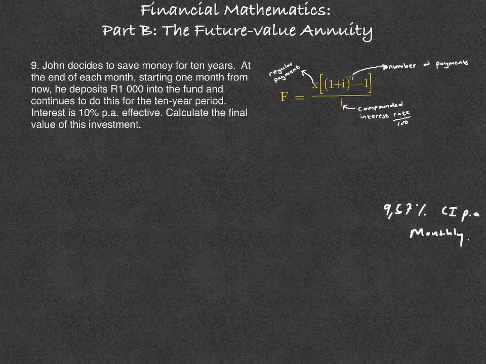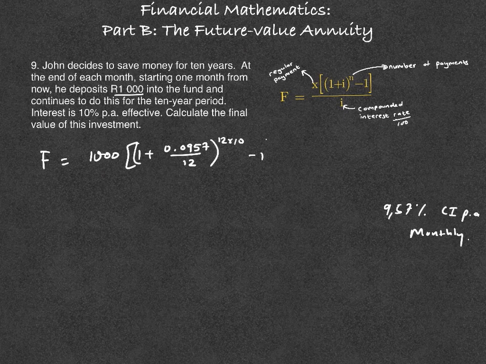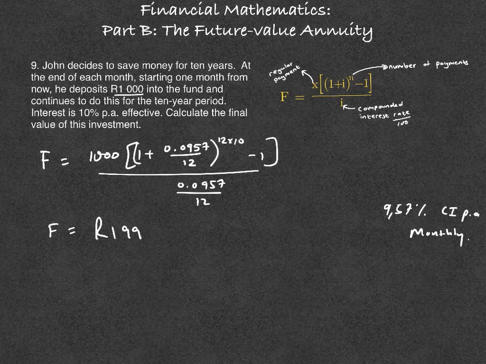So the future value is going to equal, so the monthly payments he's making, it's 1,000, times 1 plus that interest rate, 0.0957 over 12, it's now nominal interest rate, so compounded per annum monthly, to the power of how many? So it's 12 times 10, minus 1, over 0.0957 divided by 12. And then if you type that in your calculator, you're going to get 199,875 rand and 60 cents.